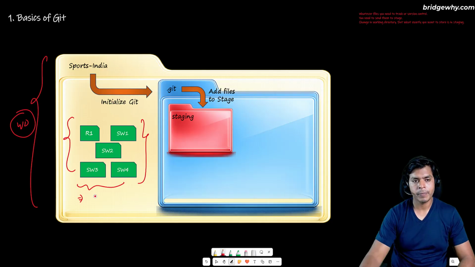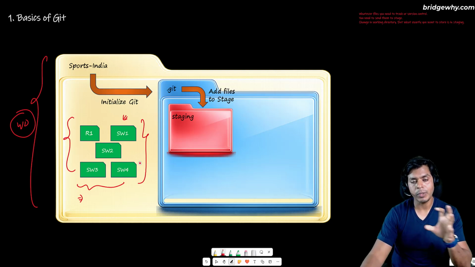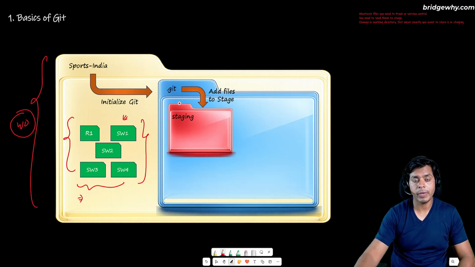But out of them, you say, I would like to take a snapshot. And Git is also going to say, whatever snapshot you want to take, put those files or those humans onto the stage. And by the way, as soon as you create a Git repository, there is a staging folder.